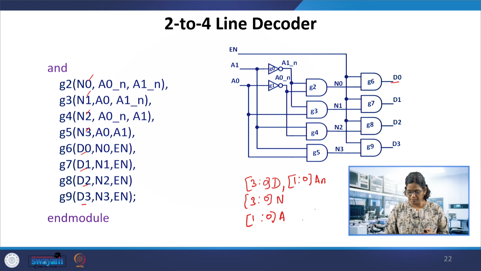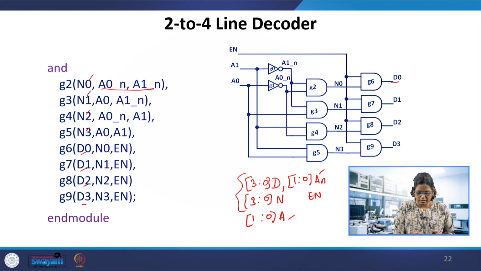All of these are inputs, and enable is of course a single-bit input. D is the output and N is the intermediate wire.